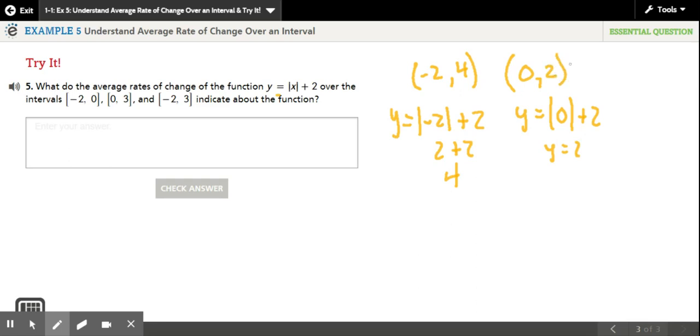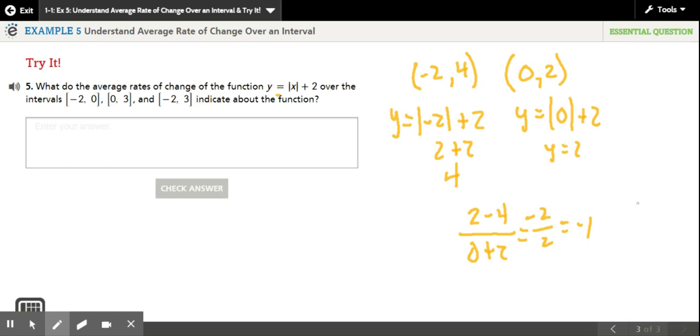So the average rate of change is going to be the change in y, so 2 minus 4 over 0 minus -2, so 0 plus 2. And that equals -2 over 2, which is -1.